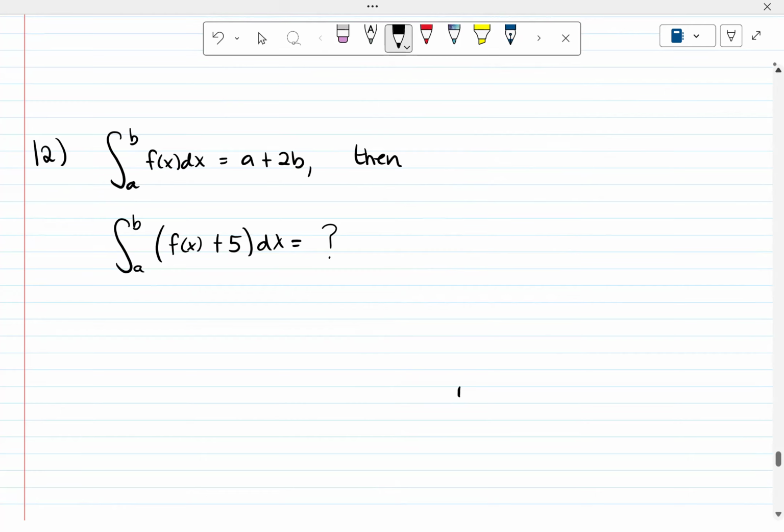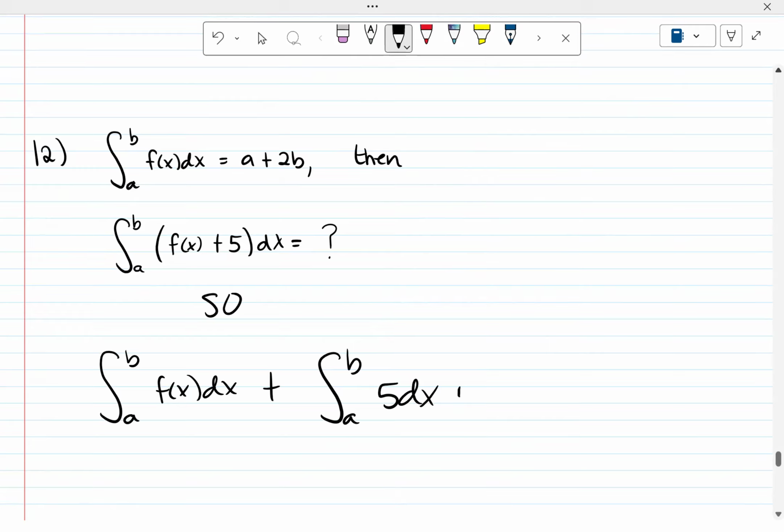So what we could do is break it into two parts. We have the integral from a to b of f of x dx plus the integral from a to b of 5 dx. So what's the integral of f of x dx?